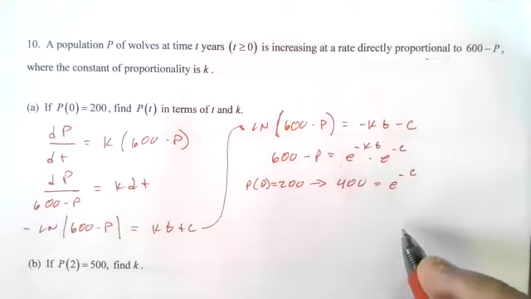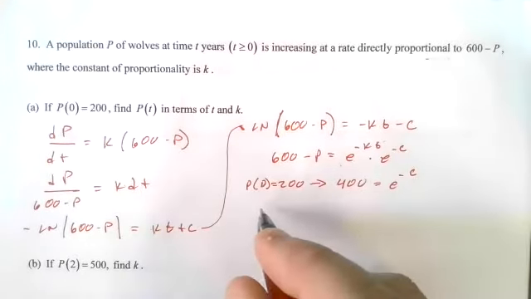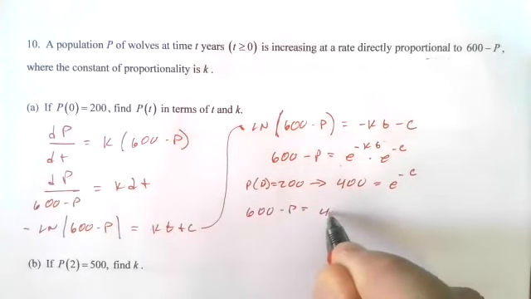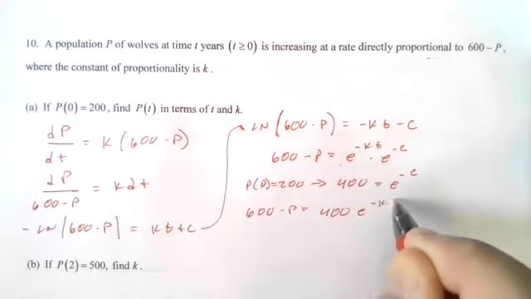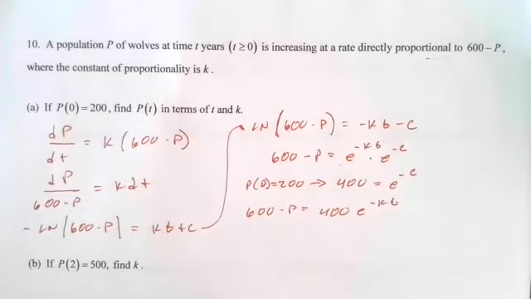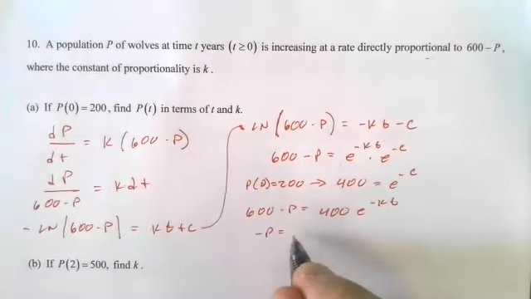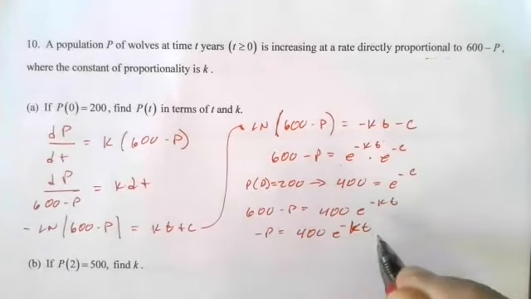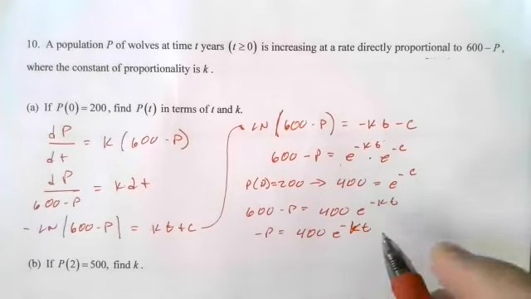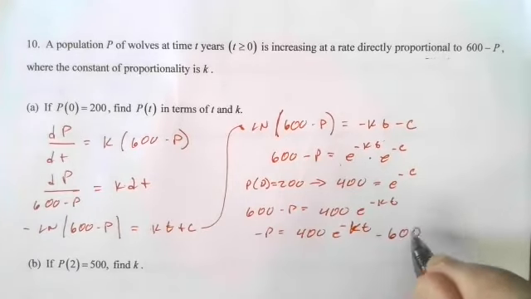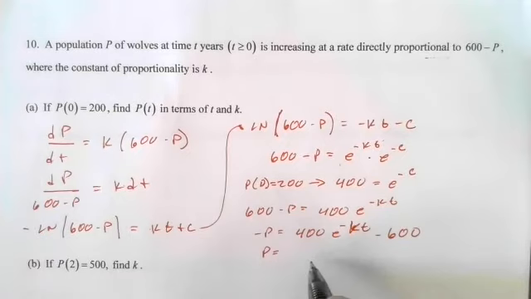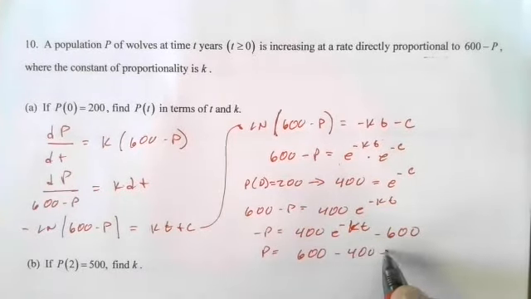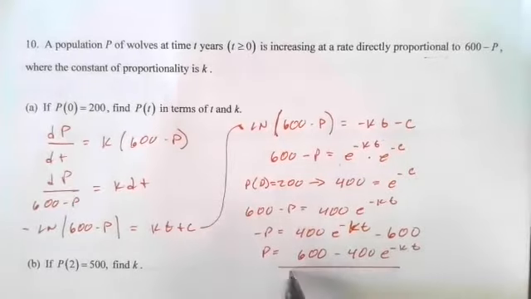That becomes 1. So now we can just write that in. 600 minus P equals 400 e to the negative kt. Negative P equals 400 e to the negative kt minus 600. P equals 600 minus 400 e to the negative kt.